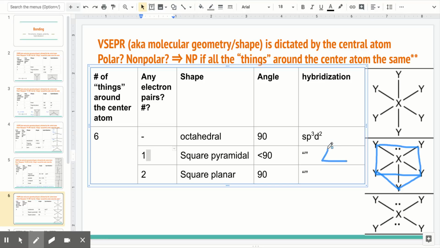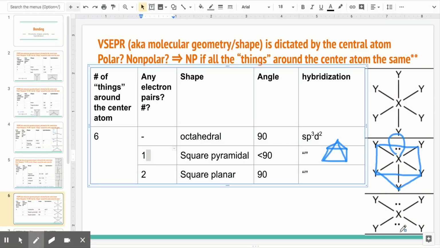So if I drew it right side up, you would see a pyramid like this with a square base. So that's why it's called square pyramidal. And then again, because we have this electron pair repulsion, this is going to be pressing on these and making the angles less than 90 degrees.